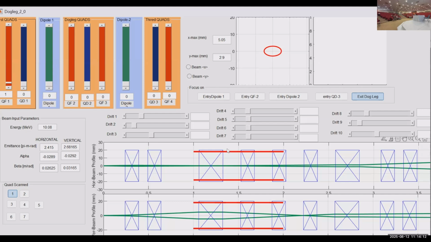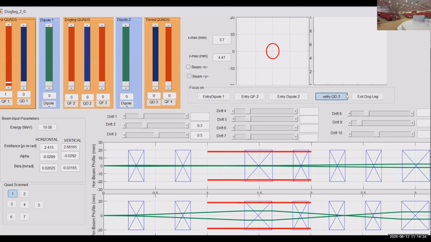So I have to keep that beta function, the transverse beta function, within limits. Unless I do it, I'm lost. To give students a flavor, what if I change the drift spaces between them? These are the drift spaces. I changed the drift spaces, so you should be seeing a different beam now.